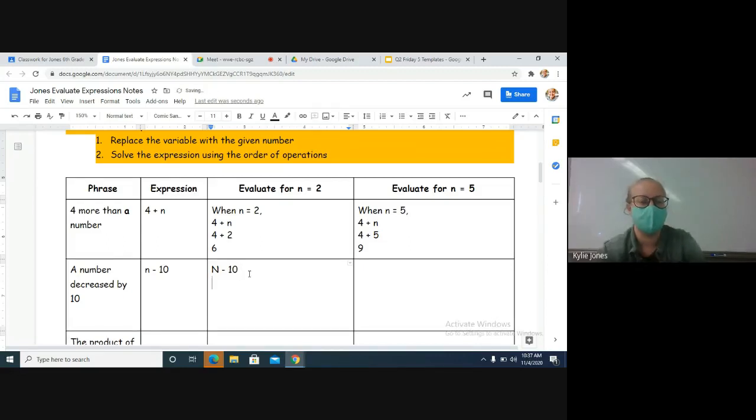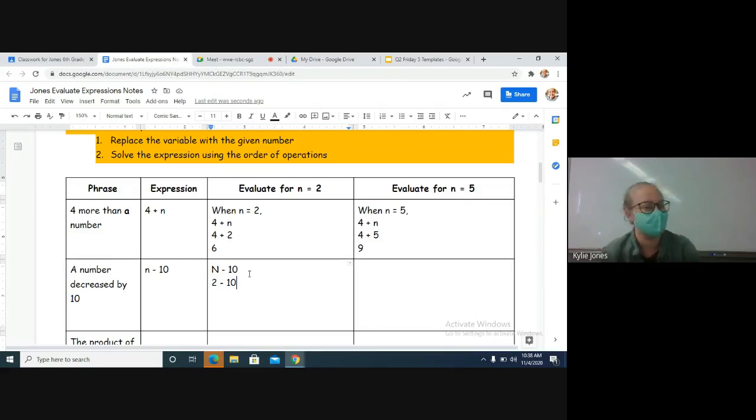We need to take out the n and replace it with what first? What's the number for this column? 2. We're taking out the n and replacing it with 2. So we're going to write 2 instead of n. The n is gone, replaced with 2. And then we still subtract 10. Now we get to work with integers and do 2 minus 10. It is negative 8.